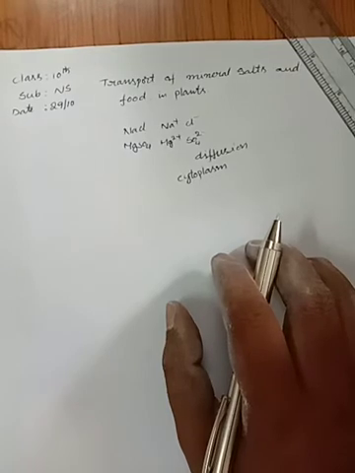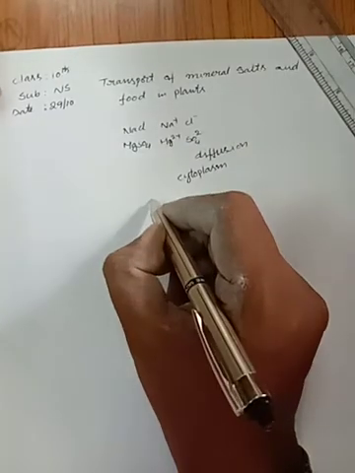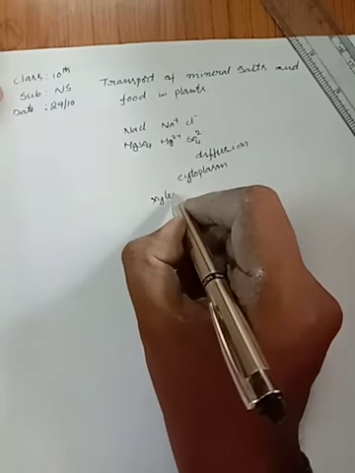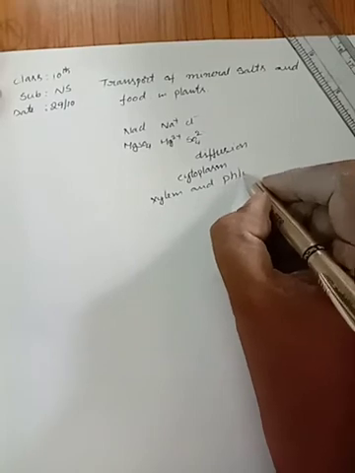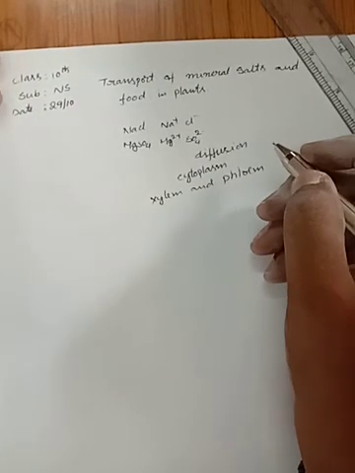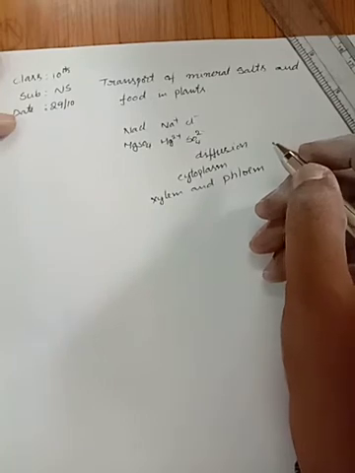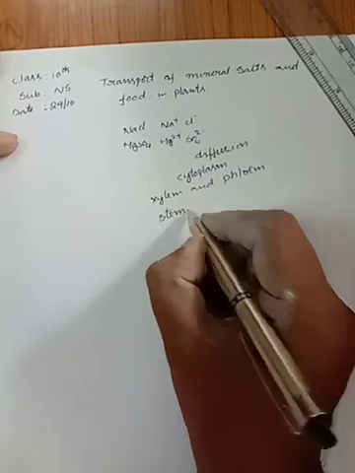Okay, children. Now, the veins of a leaf consist of xylem and phloem. And these xylem and phloem are continuous with the stem.